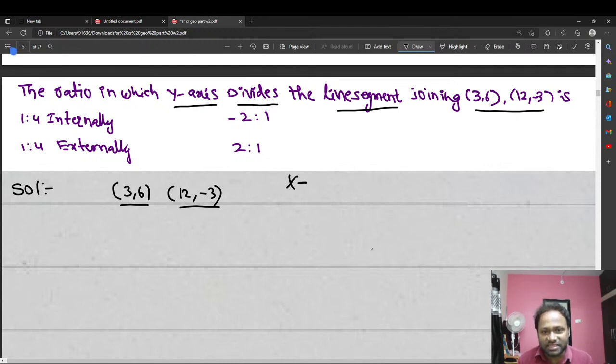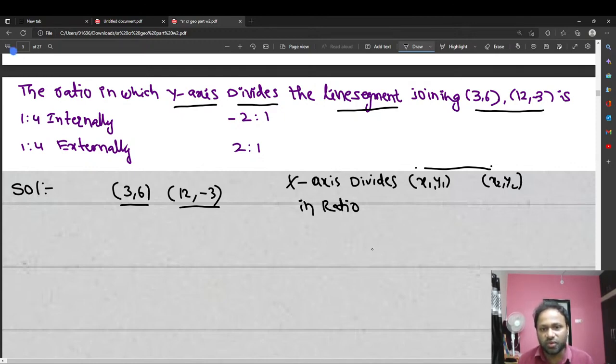The x-axis divides the line joining the points, suppose I take 2 points, ordered pair (x1, y1) as well as (x2, y2), in the ratio minus y1 is to y2.